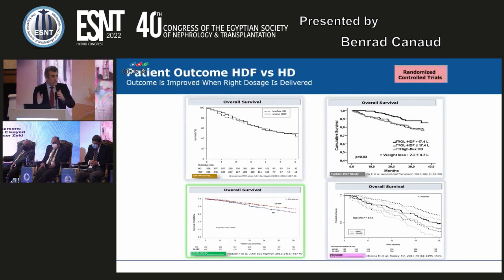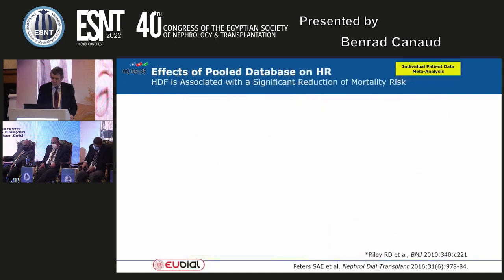Now I'm switching to hemodiafiltration. And of course, as you know, there are already 4 randomized studies reported in Europe. Only one got a positive primary outcome, from Spain, with a reduction of mortality by 30% after 3 years. But the other studies show a trend which is not significant from the statistical point of view.